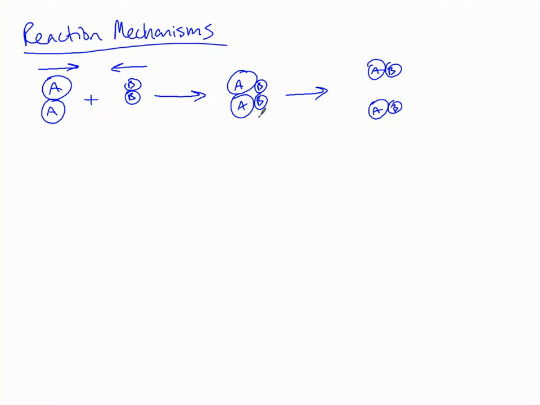Since it's an unstable product, it's going to break. And it breaks into these two different things. And so we would normally treat it like A2 plus B2 equals 2AB. Now we need to start talking about what about this transition state in the middle, this unstable thing that forms for, I don't know, maybe it's there for a half second, maybe it's there for 20 seconds, who knows.